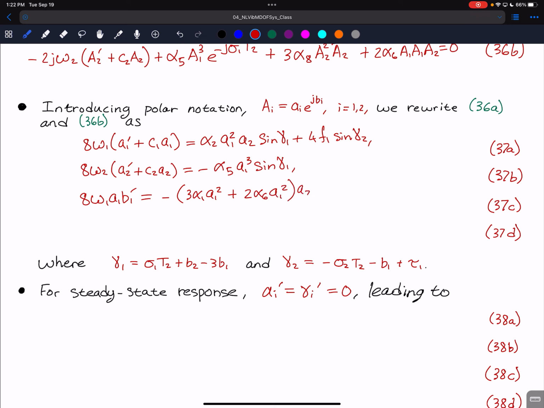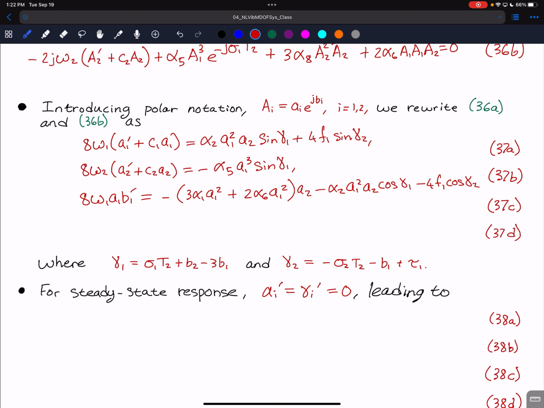All of that multiplied by A2 minus alpha 2 A1 squared A2 times the cosine of gamma 1 minus 4 F1 cosine gamma 2.